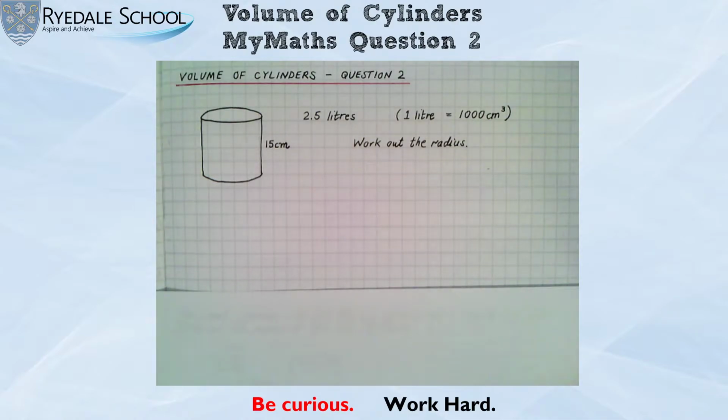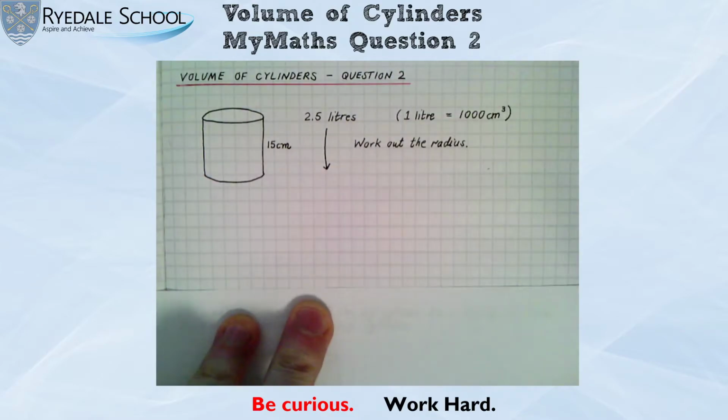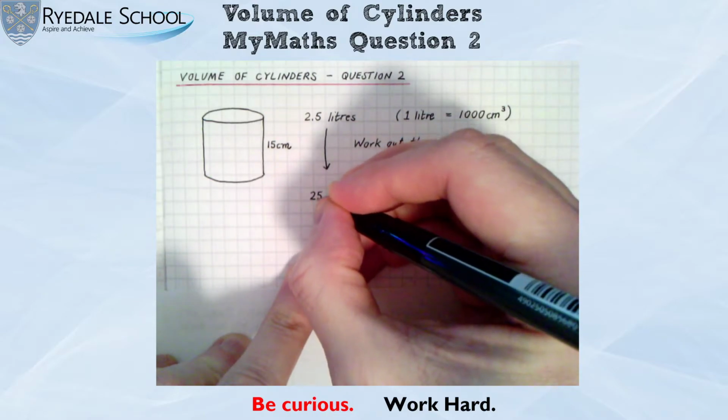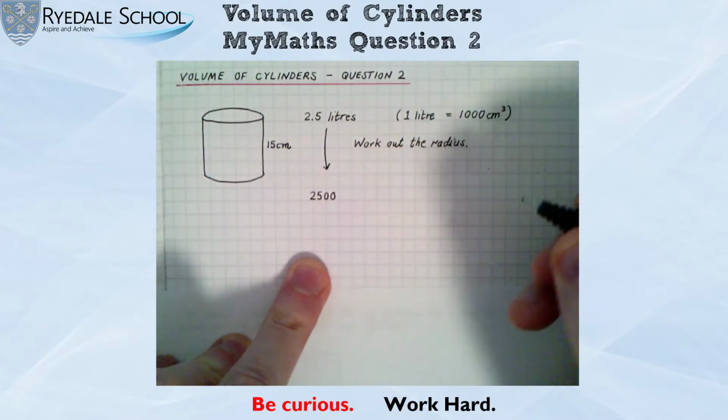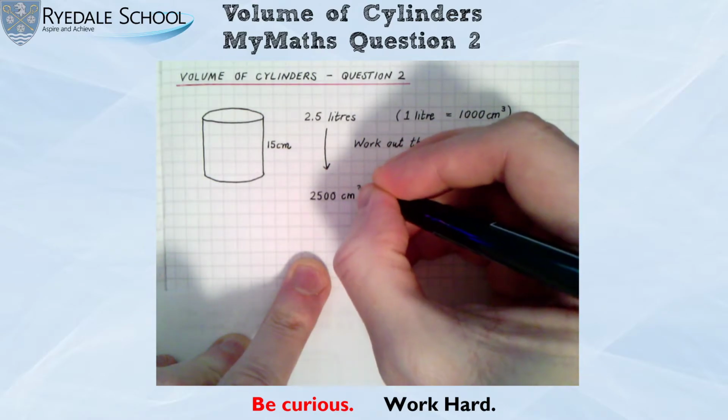So the first thing I'm going to do is convert this 2.5 litres into centimetres cubed by timesing by 1,000. So I know the volume of the tin is 2,500 centimetres cubed.